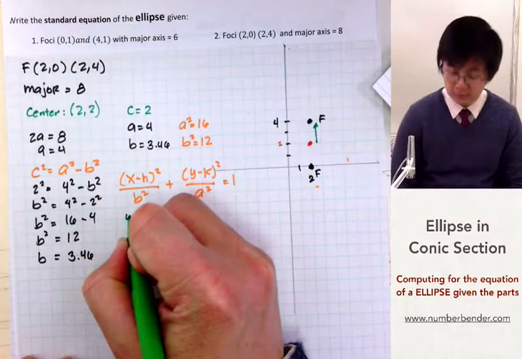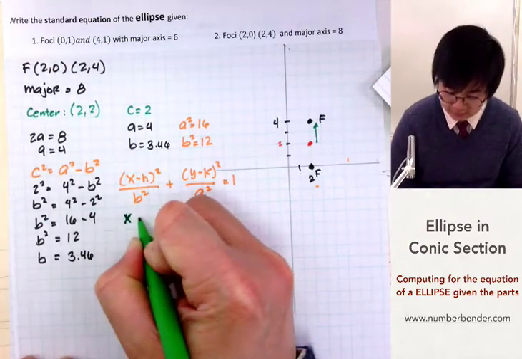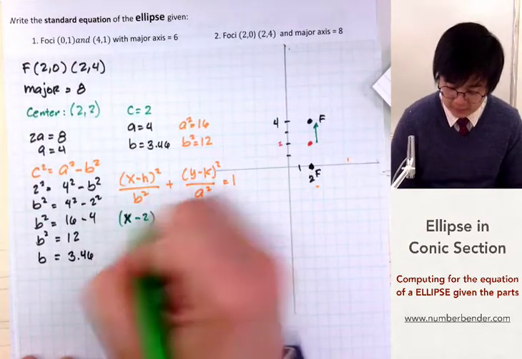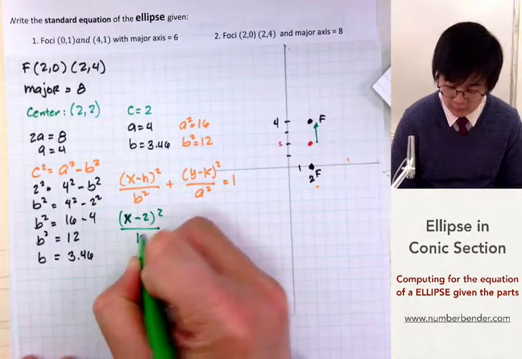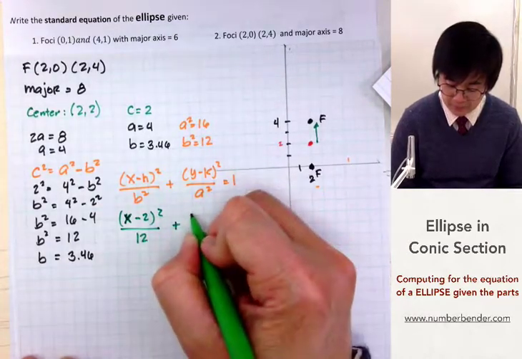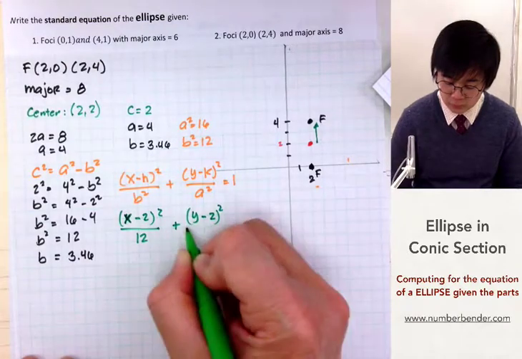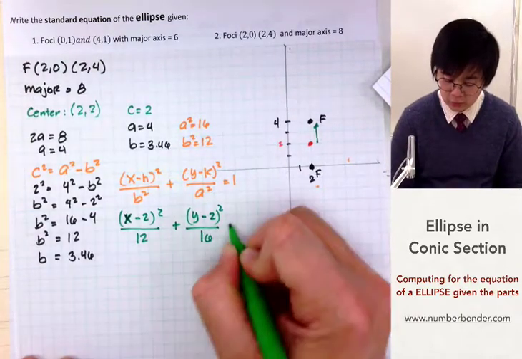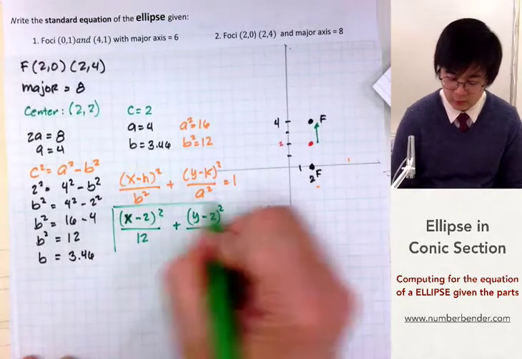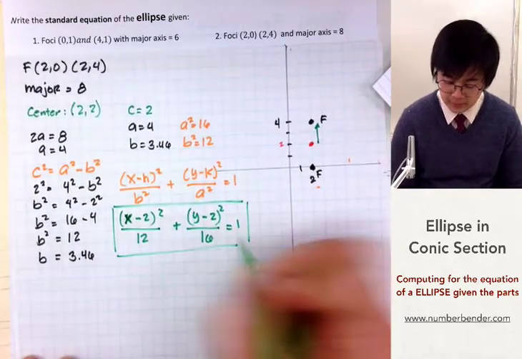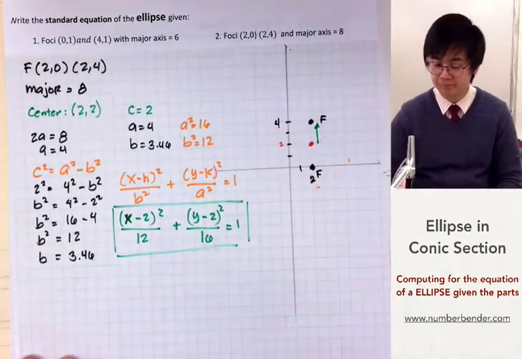So our formula will now be x minus 2 squared all over 12 plus y minus 2 squared all over 16 equal to 1. And this is our standard form.